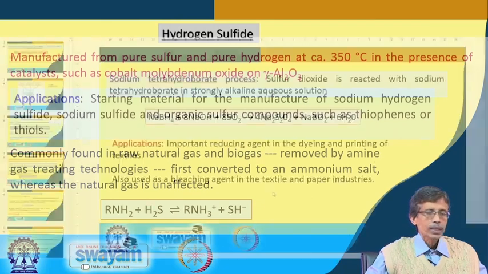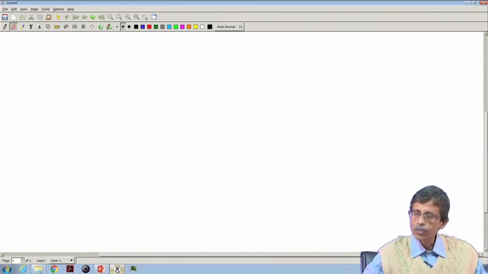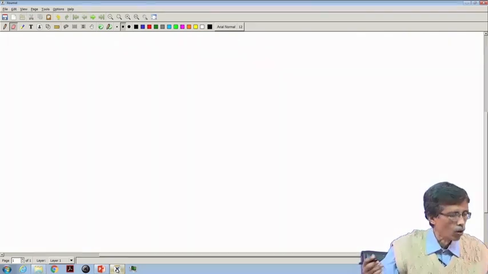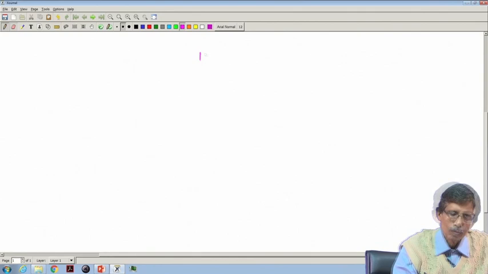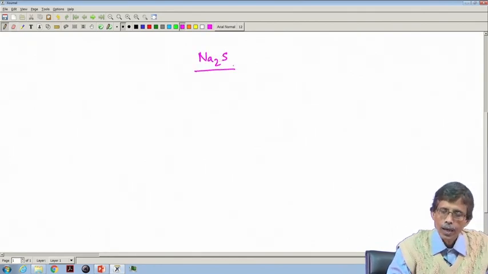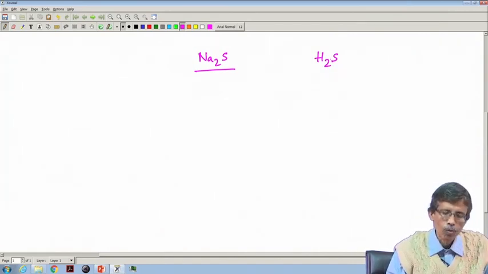So, next we will see how we can go for the corresponding salt. The typical salt is sodium sulphide, Na2S. As we have seen, we are talking about H2S, so you have Na2S, and you have to make this particular one.